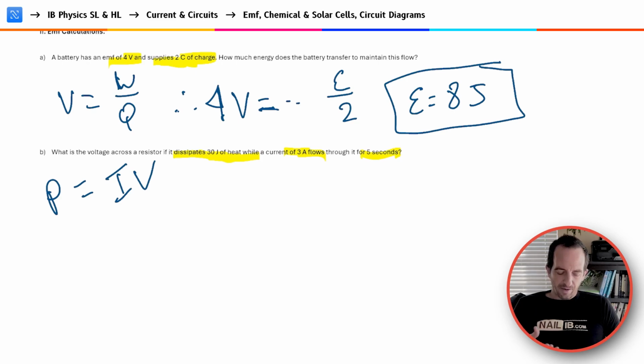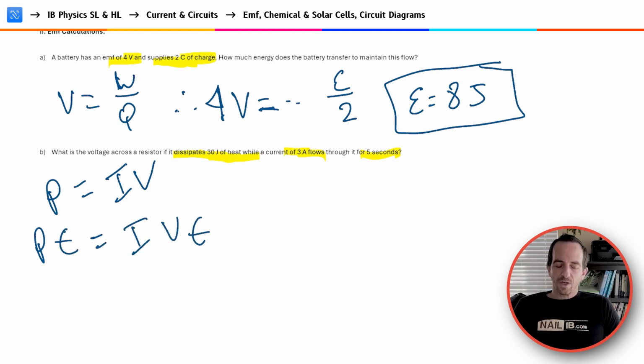We have this total energy, we have time, and we have amperes. With the equation we see here, we don't have anywhere to plug in these numbers. But if we think about it, to get from power to total energy, 30 joules, we multiply power by time.